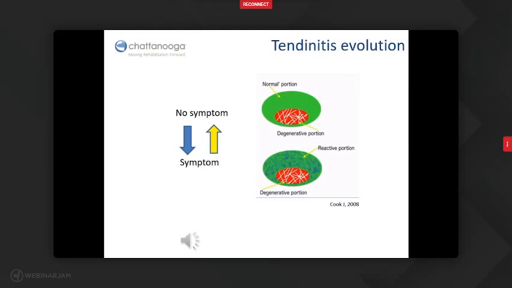And after some activities, you can have a reactive portion all around the degenerative portion, and the reactive portion with inflammatory cells will begin to be painful. And you can have both presentation for the same patient, and it depends over the time.